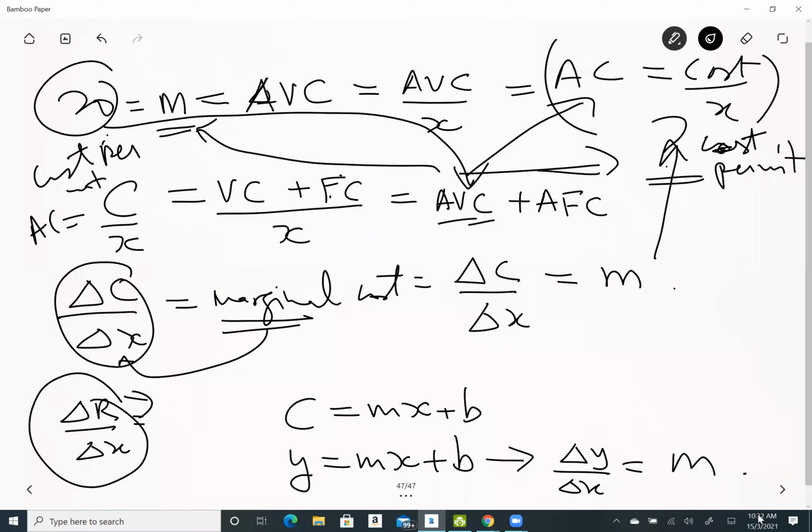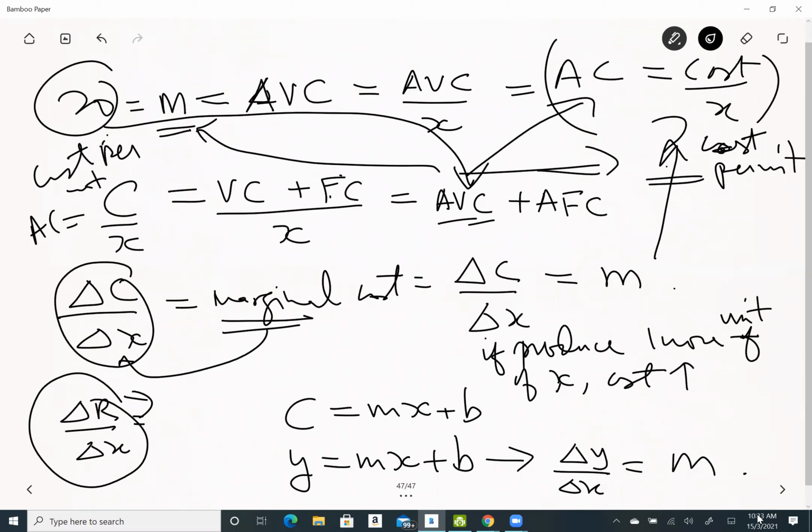So if M is 20, and we produce one more unit of X, then what happens to the cost?